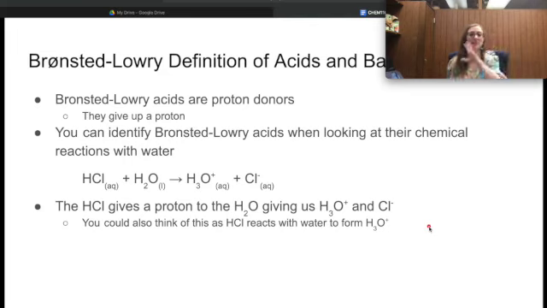They're going to somehow give up one of their protons, that acidic H plus ion, and donate it to the base in the reaction. So you could think of this either as that transfer of a proton, or HCl reacts with water to form H3O plus.